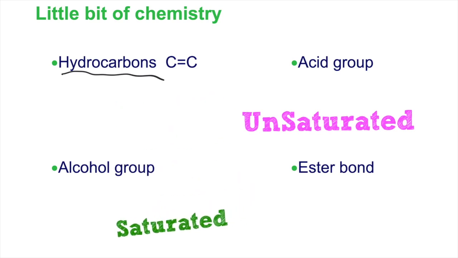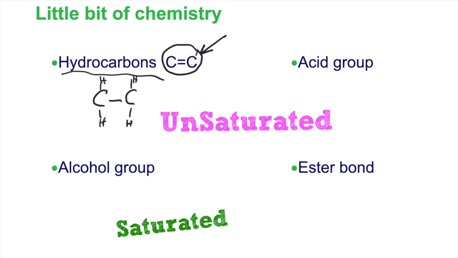Saturated hydrocarbons are the ones that are entirely made up of carbon and hydrogens, where every single carbon is attached to its neighbor with a single bond. So there are no carbon-carbon double bonds in saturated.